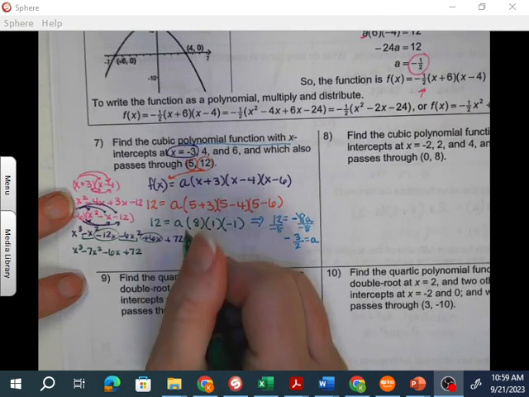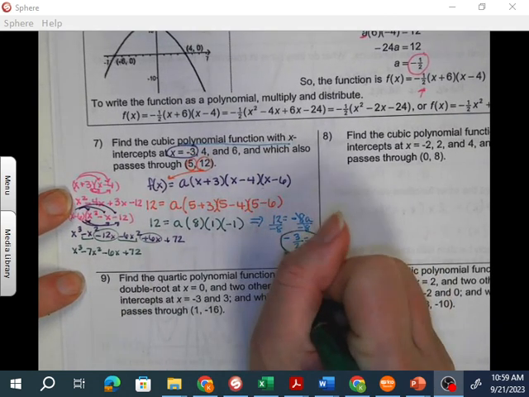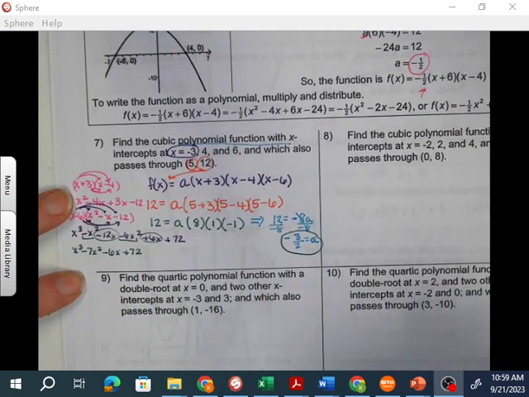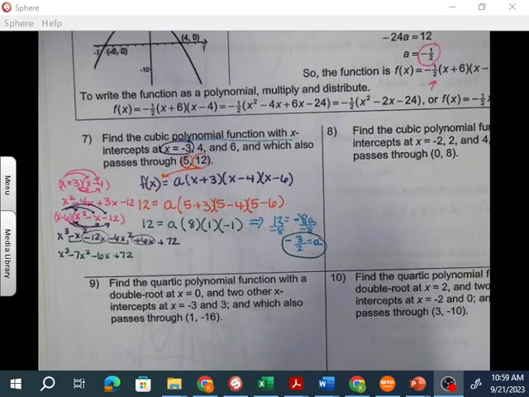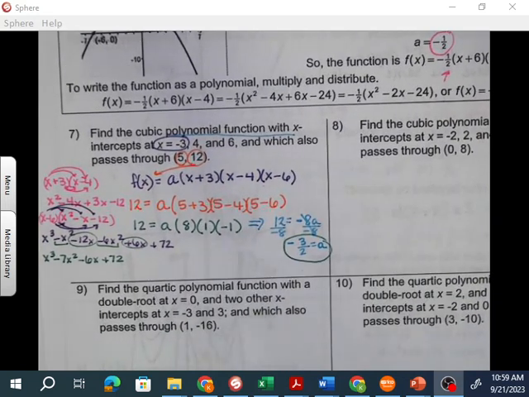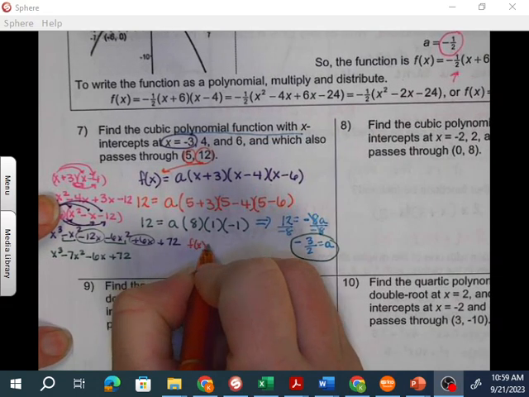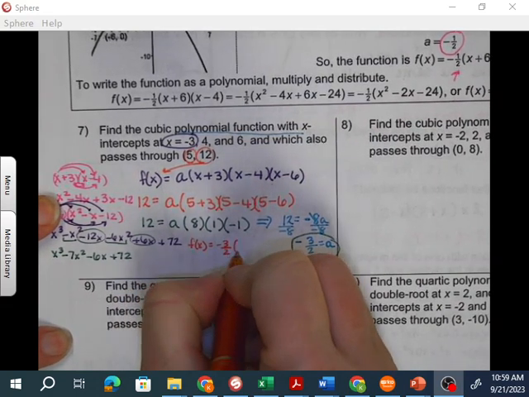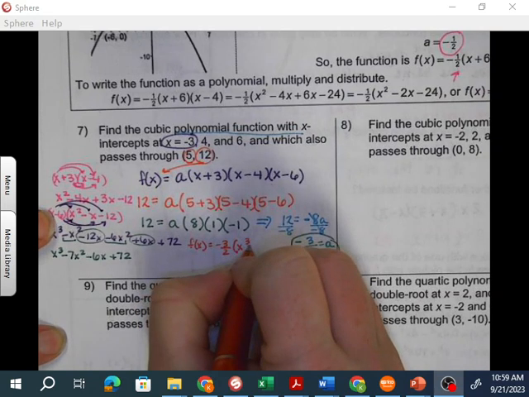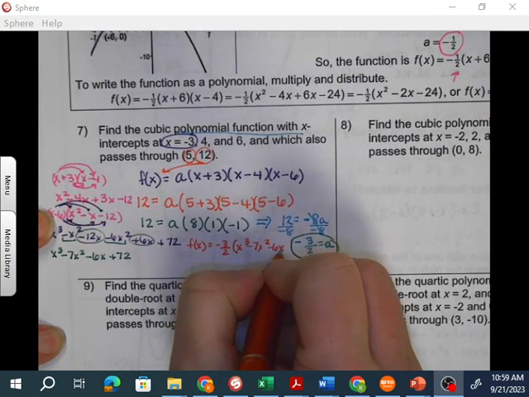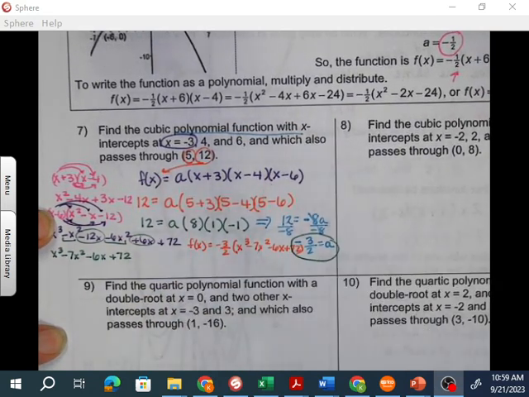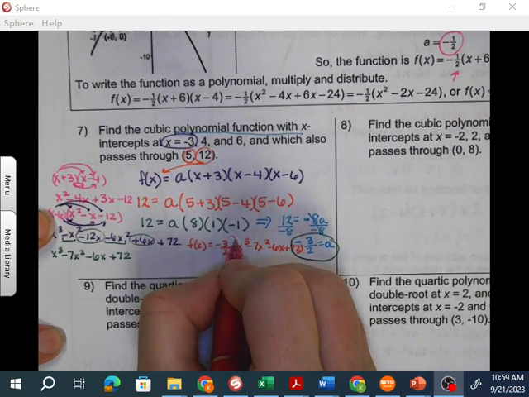So remember, now I know my a value over here is -3/2. So I am going to distribute -3/2 through. So I'm going to have f of x equals -3/2 times x cubed minus 7x squared minus 6x plus 72. And I'm going to distribute that through.